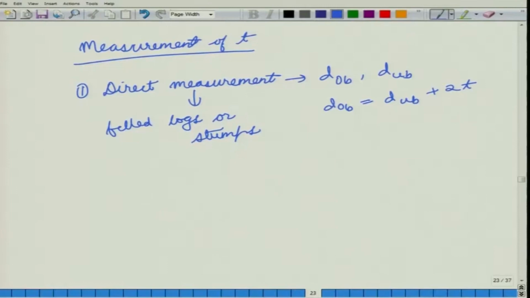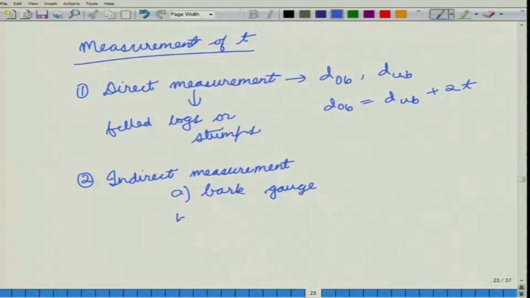In other cases, we might go for an indirect measurement. Indirect measurement can be had using an instrument such as a bark gauge or a bark probe, or we might measure it using bark function or relationship.